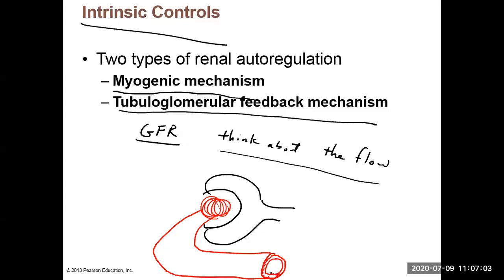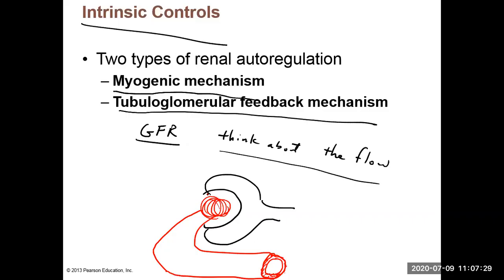We remember we mentioned that there is a tunica media consisting of smooth muscle, and these smooth muscles are important in vasodilation and vasoconstriction. This is an important factor of the myogenic mechanism and tubuloglomerular mechanism. All right, so let's go ahead and take a look at what is happening.